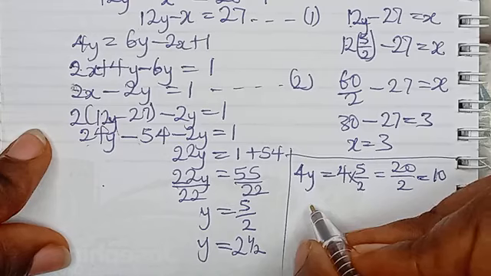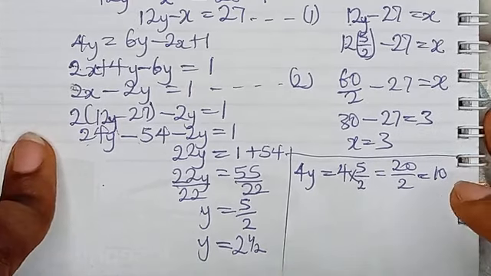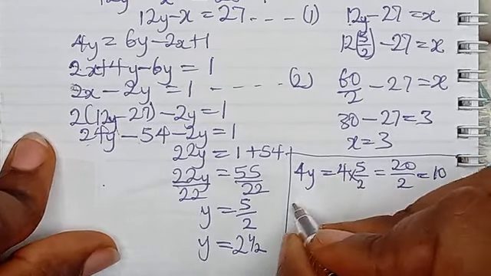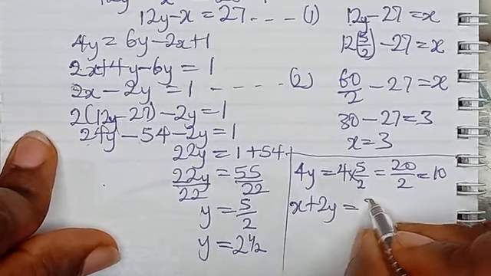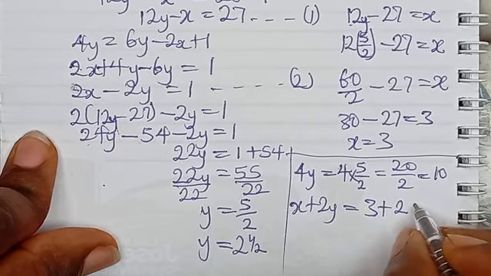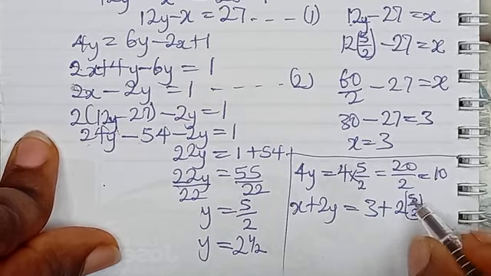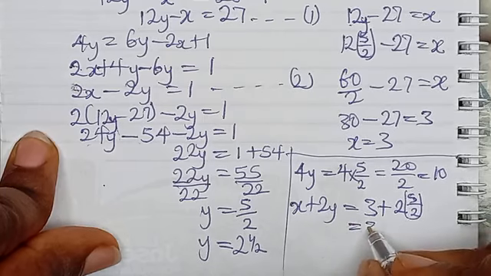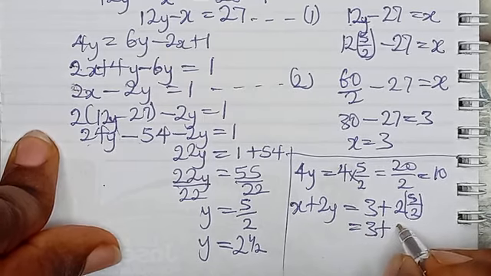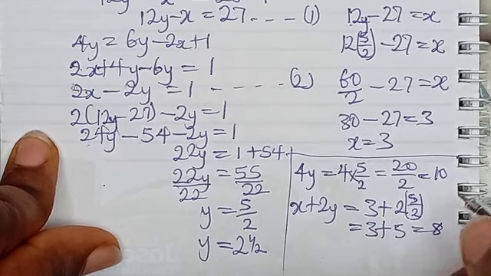Now the unequal side is x plus 2y, which is equal to x is 3 plus 2 into 5 over 2. 2 times 5 is 10. 10 over 2 is 5. Therefore, that side is 3 plus 5, which is 8.